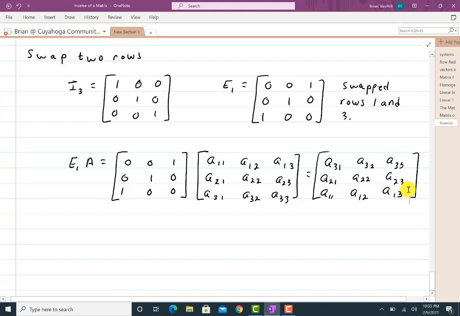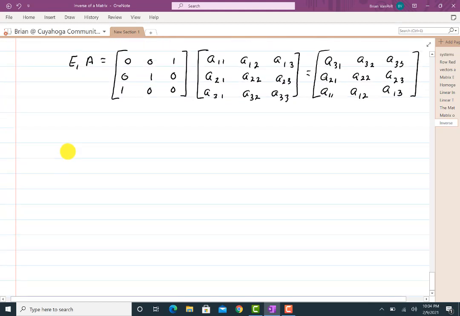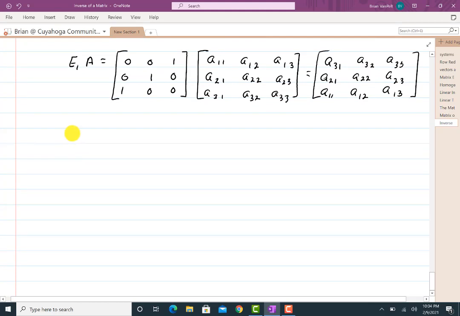They got swapped, and that's because I was able to multiply on the left by that type of a matrix. So this guy on the left is called an elementary matrix. You can call it a swap matrix or whatever you want. But then let's go ahead and invent a second type, E2, which was to multiply any row by a non-zero constant. So we could do something like this then.